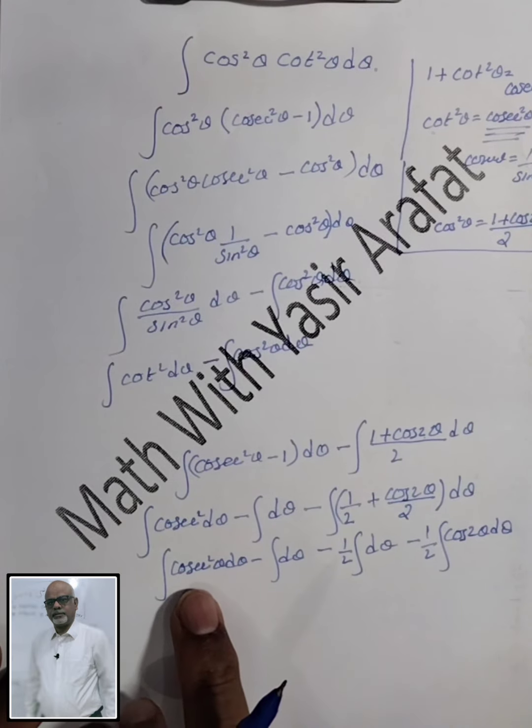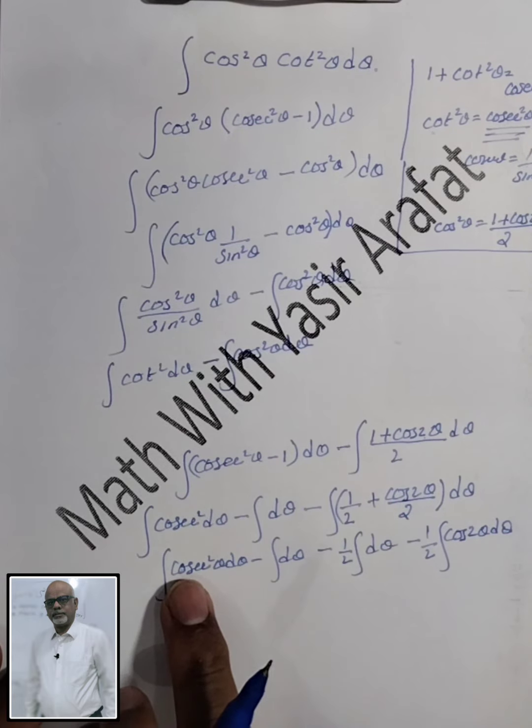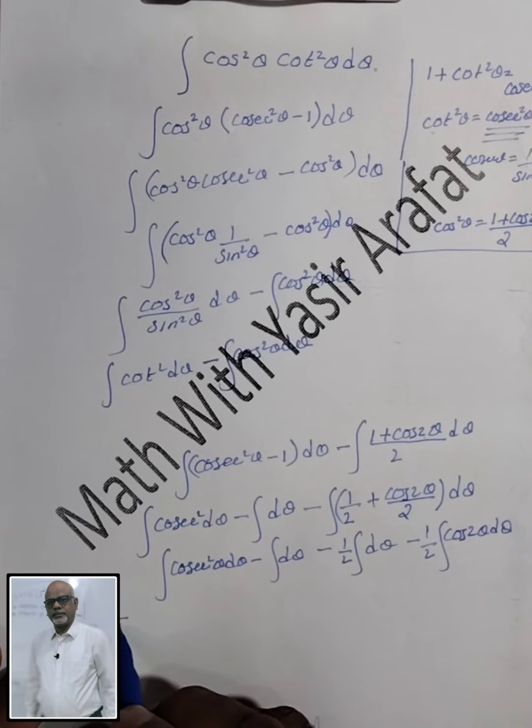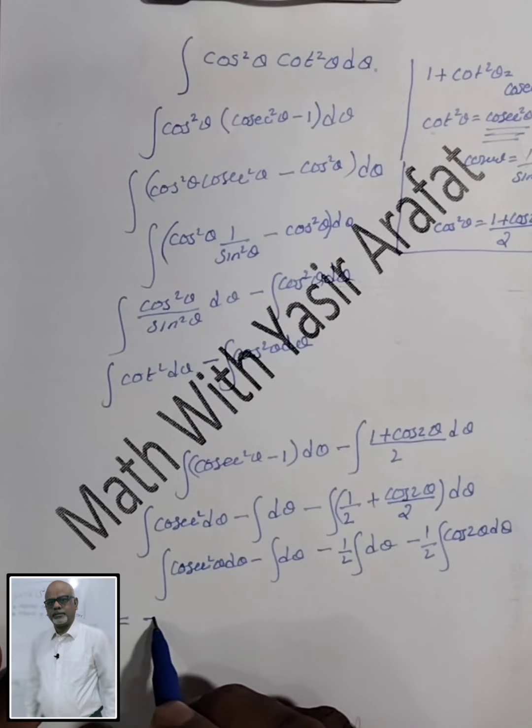Now we have the formula for the integration of cosec square theta: cosec square theta d theta equals minus cot theta.